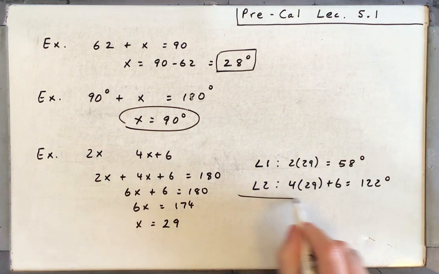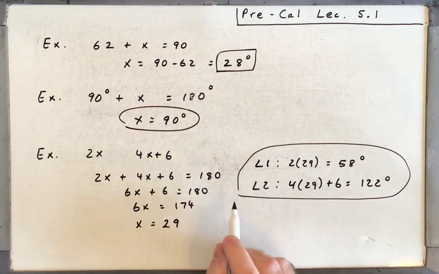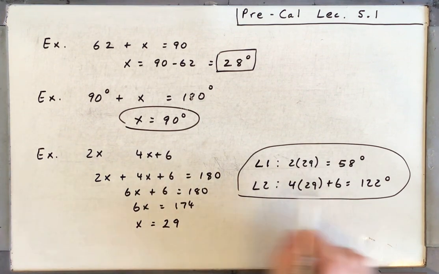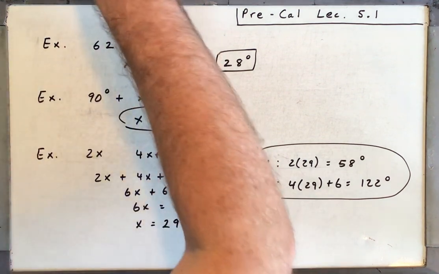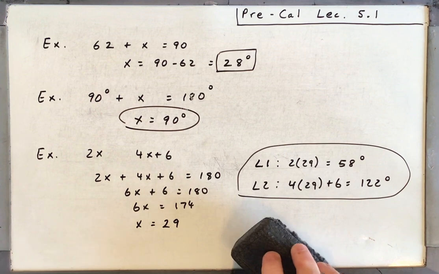You can check those. What do they have to add up to? 180. And they do. So 4 times 29 plus 6, that's where angle 2 is coming from. That would be more like what you'd be asked on a test. You do have to know what complementary and supplementary mean.